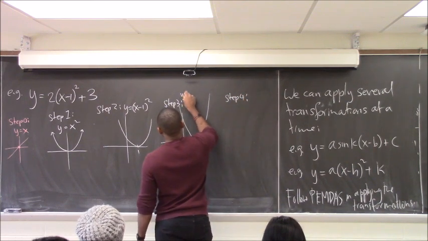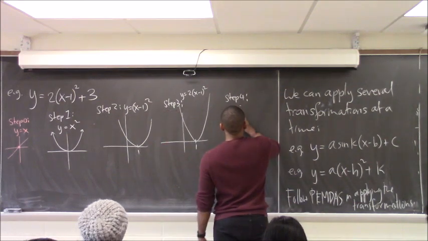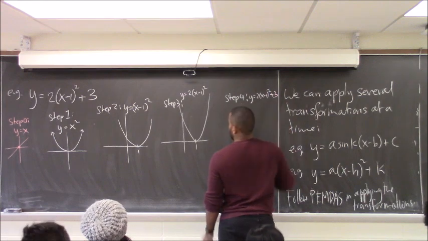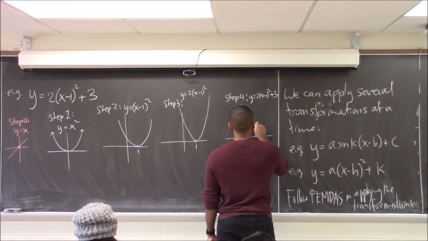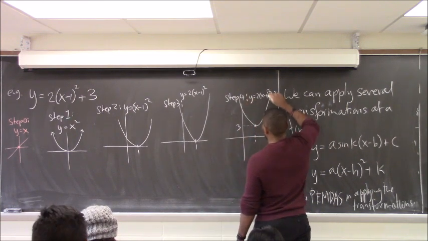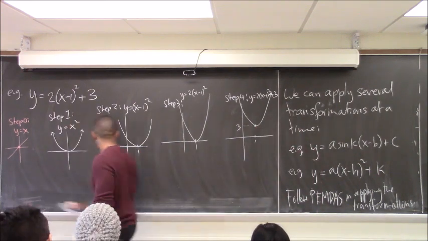So here, this is the y equals 2 times x minus 1 squared. And then finally you build to y equals 2 times x minus 1 squared plus 3. You take this graph and shift it up 3 units, so that starts at 3. So the final product ends up looking like that.